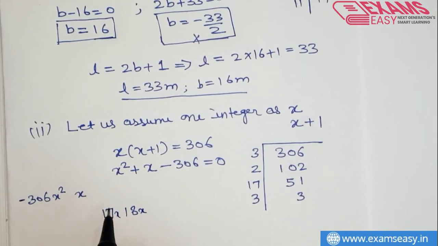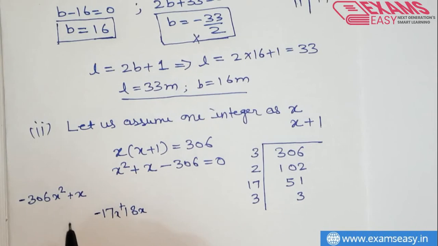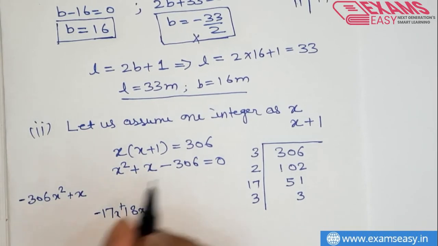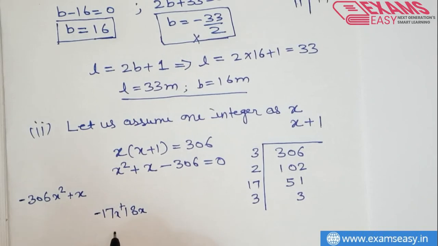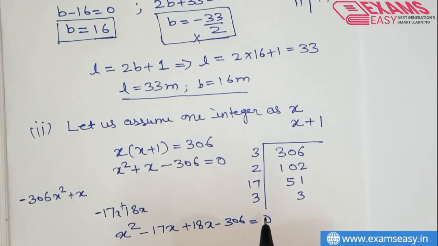But we want the sum of these two numbers as positive, so the bigger number should be positive and the lower number should be negative. So this satisfies the condition. So let us split our quadratic equation as x square minus 17x plus 18x minus 306 is equal to 0.